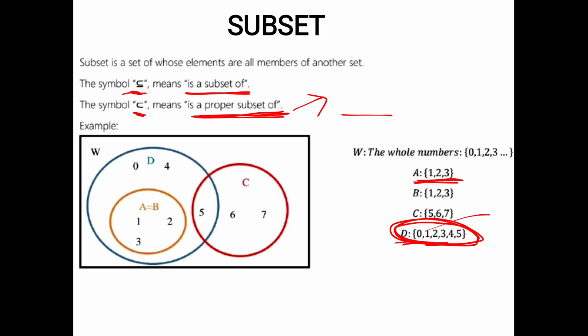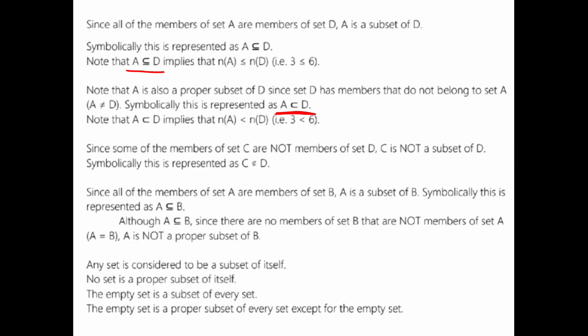So mas dako ang value ng D compared sa A. Because again, when we say proper subset, dapat mas dako ang value ng isa ka set compare sa isa ka set. So we can say that A is a proper subset of D.